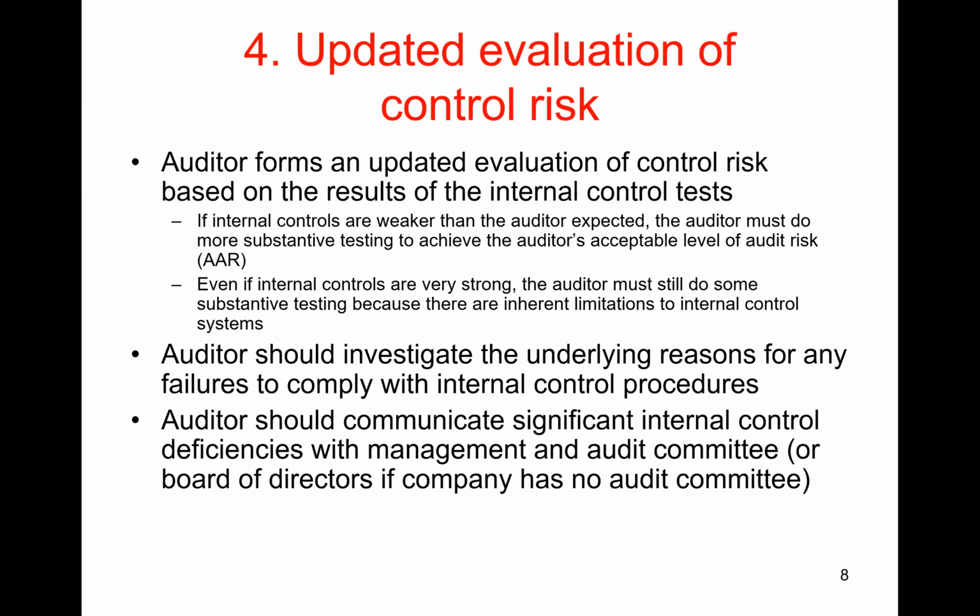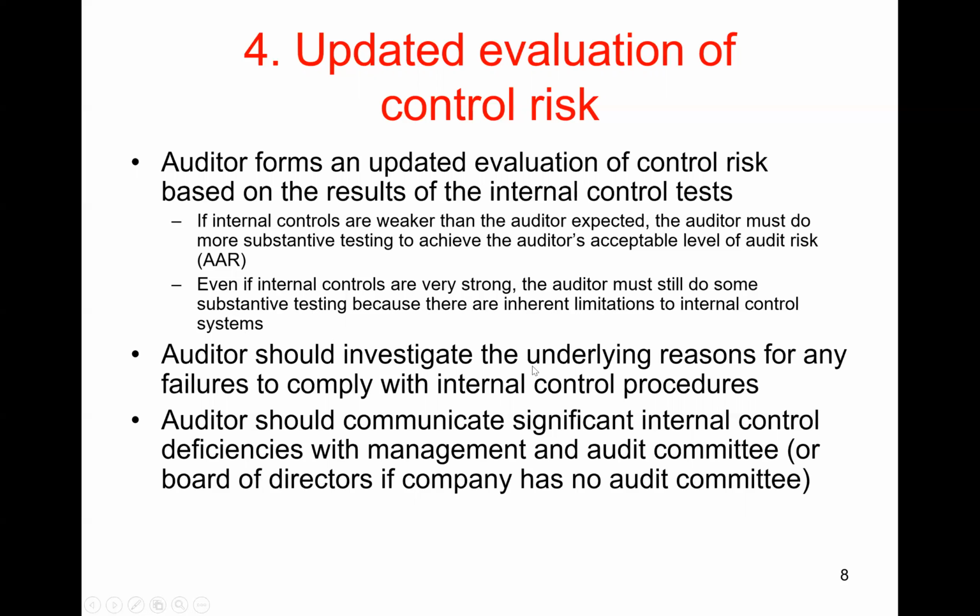You can't just say, okay, we'll rely entirely on the company's internal controls. And the reason for that is because there are inherent limitations to internal control systems, okay? And I'll talk more about these inherent limitations later in the PowerPoint slides.